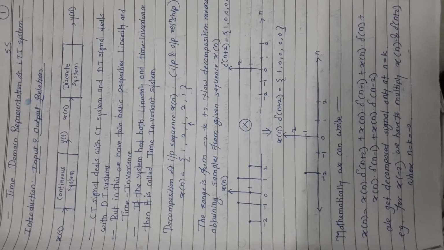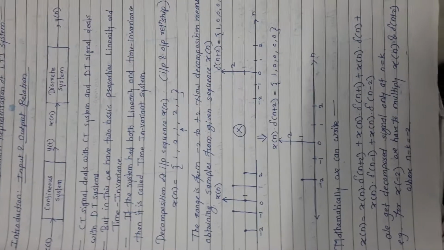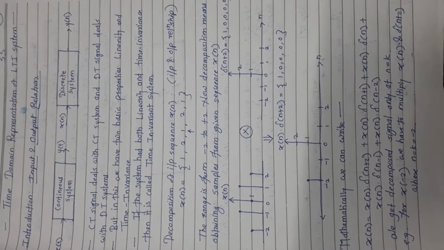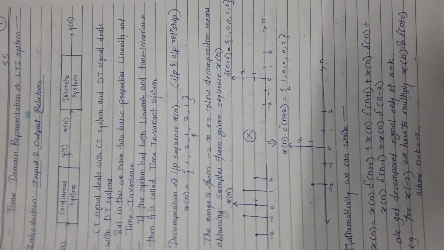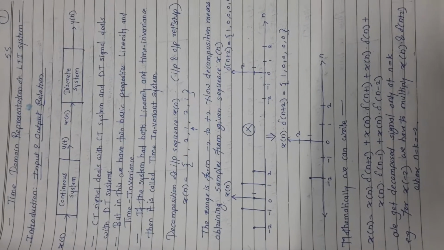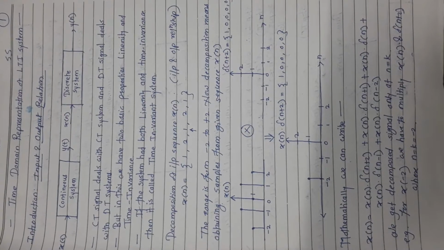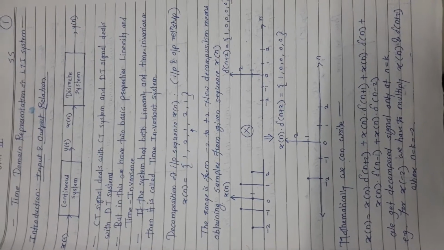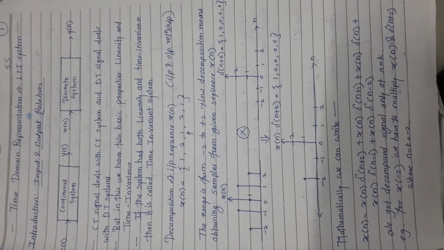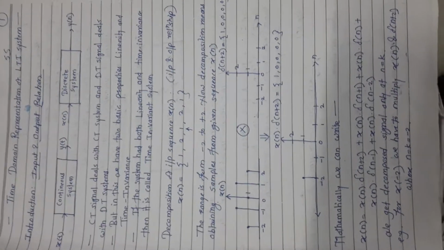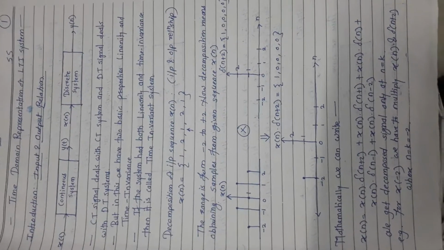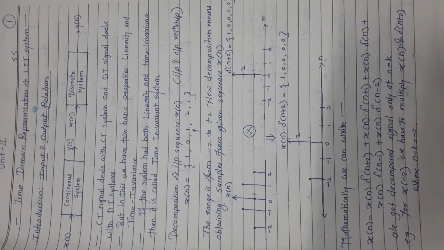So first we have to learn how the signal is decomposed, that means separating each component of that particular input signal. I am representing here x of n as the input sequence for this decomposition. x of n I am giving you in curly bracket as 1, 2, 1, 2, 1.